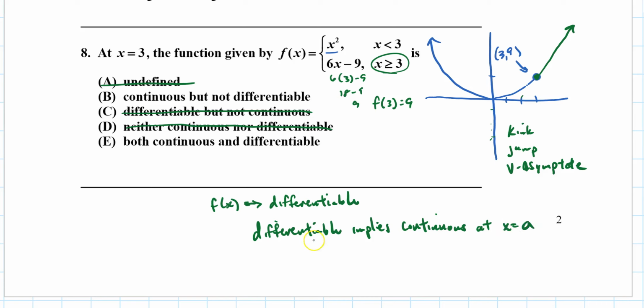So if the function is differentiable at a, then it's continuous at a. Because this function is differentiable at 3, we can find the derivative because there's no kink, jump, or vertical asymptote, then it's also continuous at a. So this function is both continuous and differentiable.